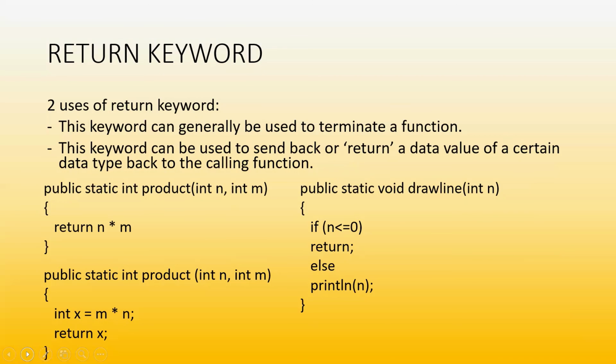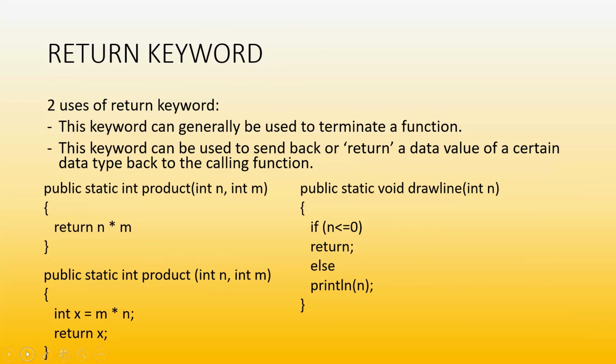This function has two parameters and it returns the product of those two parameters. In the second function, the product is stored in a value x and the x is returned. This shows that you can return the result of an arithmetic expression. It could also be a Boolean expression, and you could also return a variable.